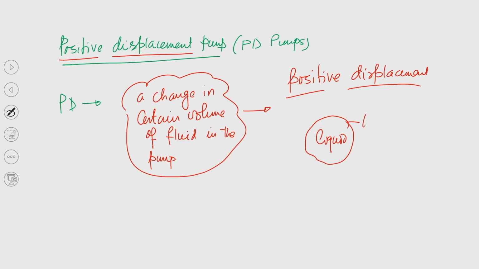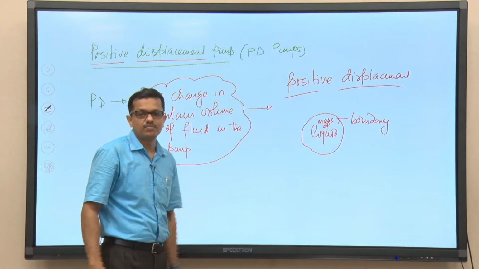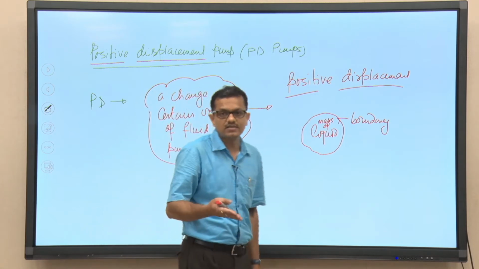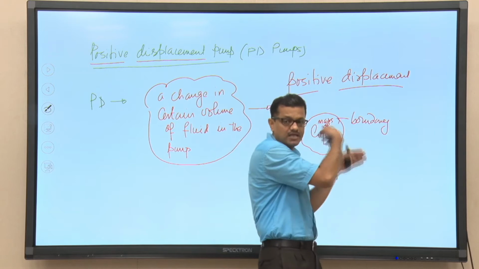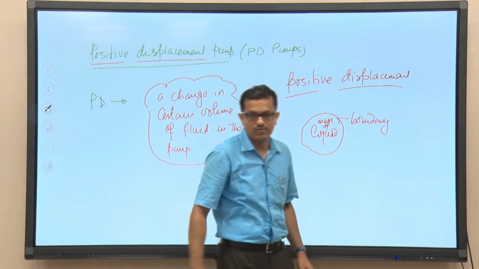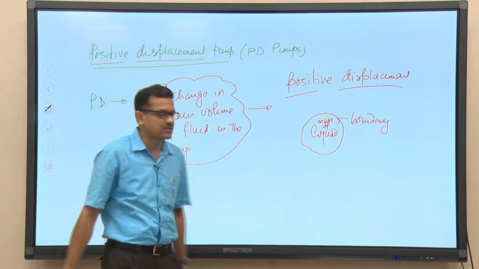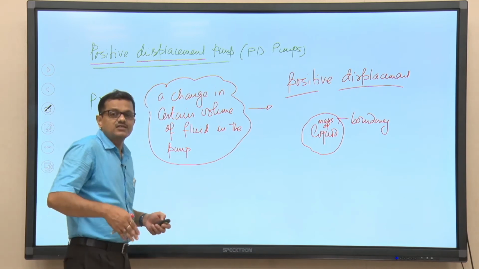This is the boundary which is occupying this amount of liquid, this mass of liquid, and there is a physical displacement of this boundary as a control mass system. So, when this amount of liquid is getting displaced from the pump, there is no inflow. That is a control mass system.